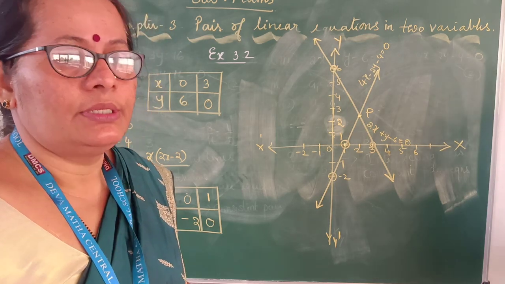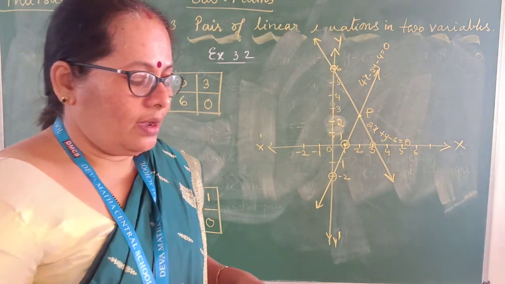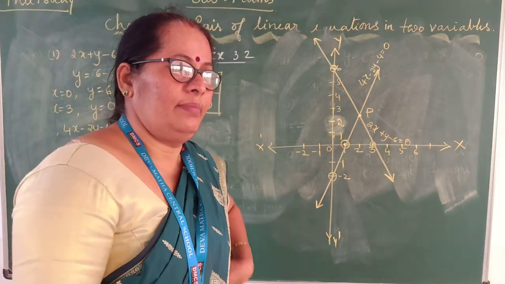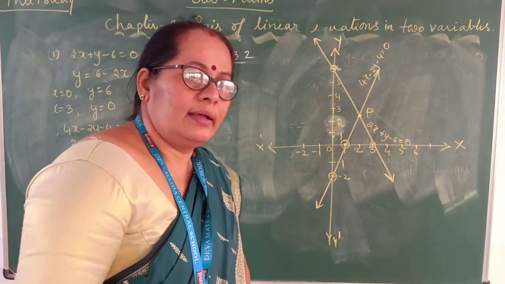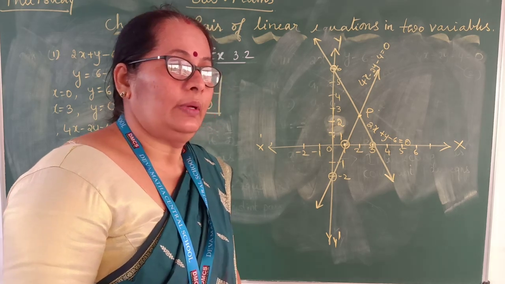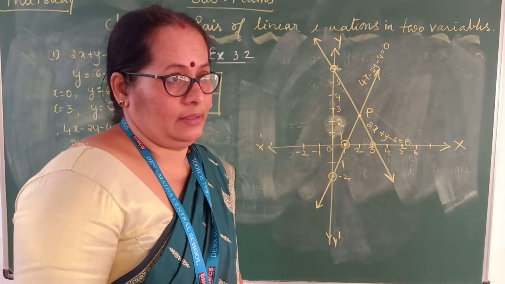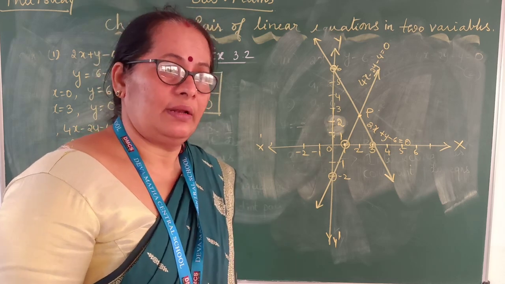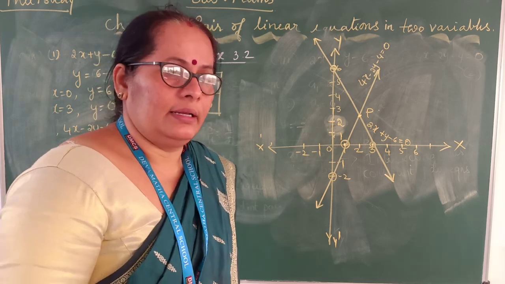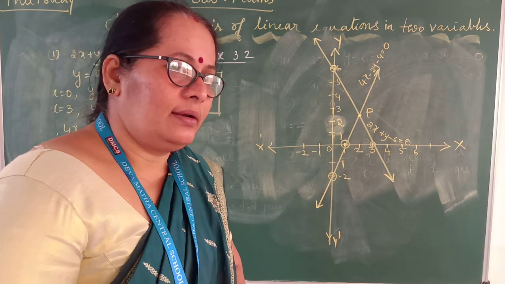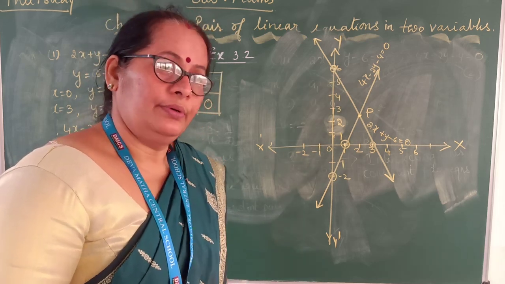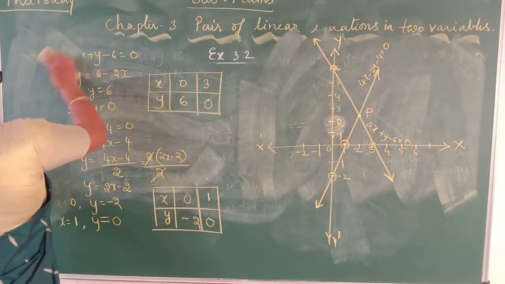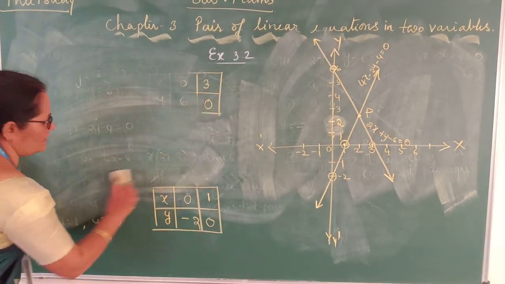Find the dimensions of the garden. Half the perimeter of a rectangular garden. You know that the perimeter of a rectangle is 2 into (length plus breadth), 2 bracket L plus B. This is the perimeter of a rectangle. What about the perimeter of a square? 4 into side.